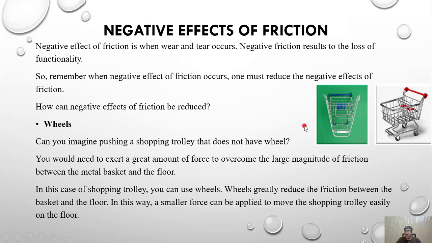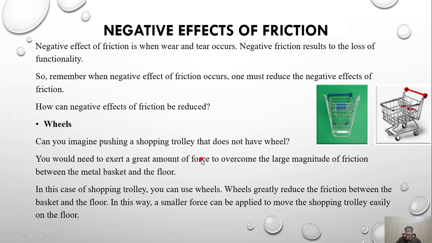Imagine it: is it easy to push this trolley without wheels? You would need to exert a great amount of force to overcome the large magnitude of friction that is going to occur between the metal basket and the floor.